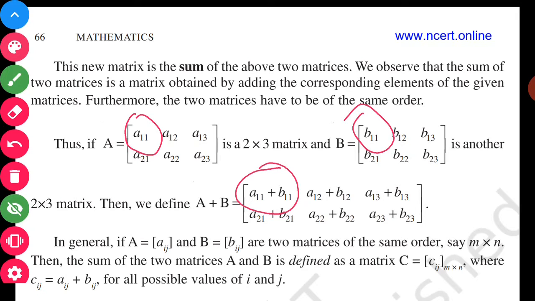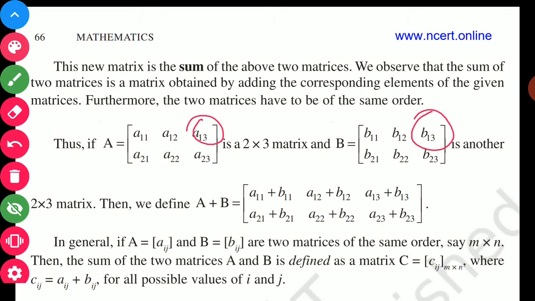The first element of the first row is added with the first element of the second matrix. The first row, second column element is added with the first row, second column element of the second matrix. Similarly, the third element of the first row and the third column element of the second matrix are added together.